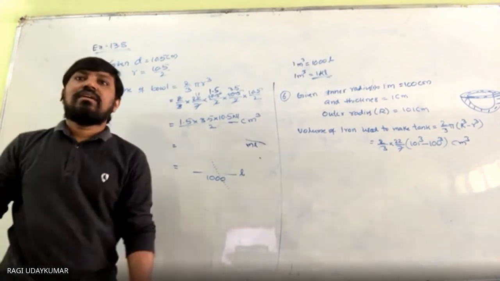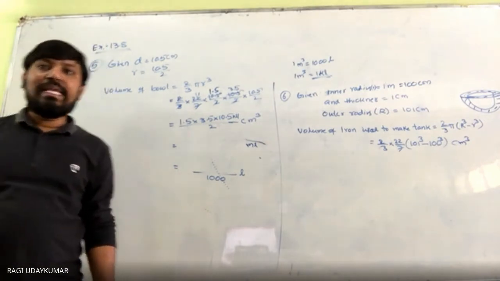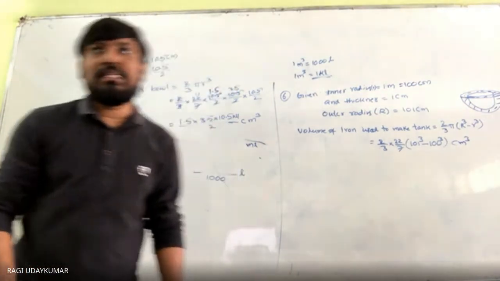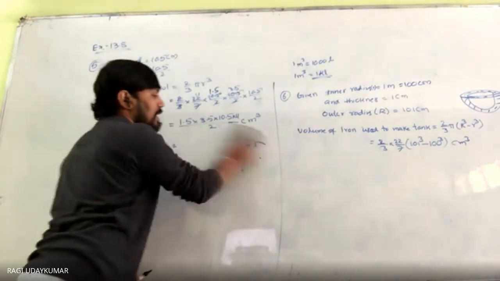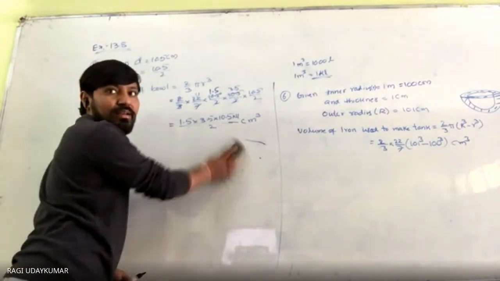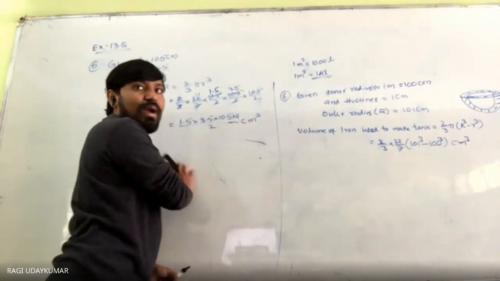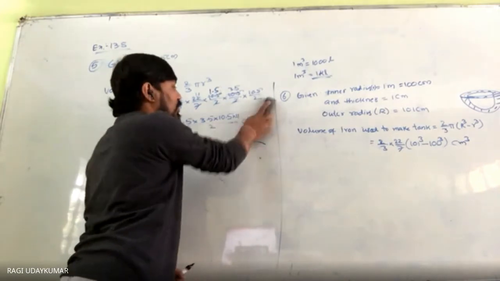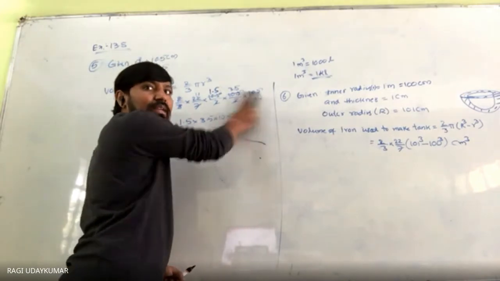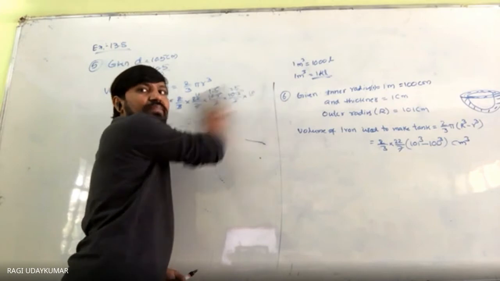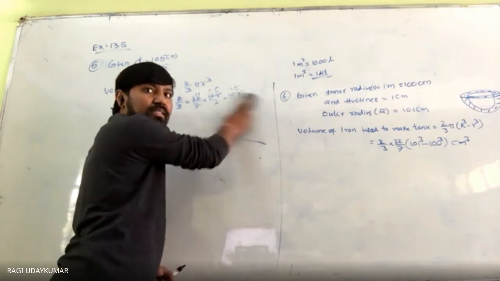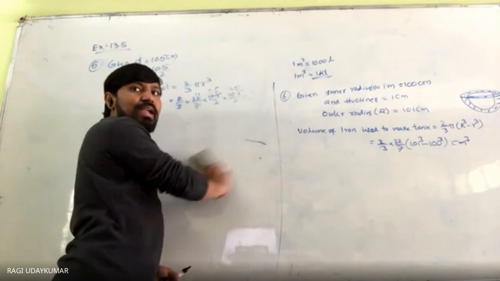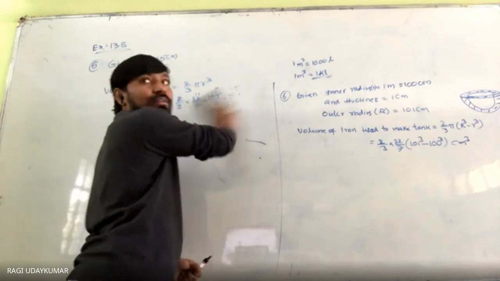10th problem is easy. A dome of a building is in the form of a hemisphere. From the inside it was whitewashed at the cost of 498 rupees 96 paise. If the cost of whitewashing is 2 rupees per square meter, find the inner surface area.